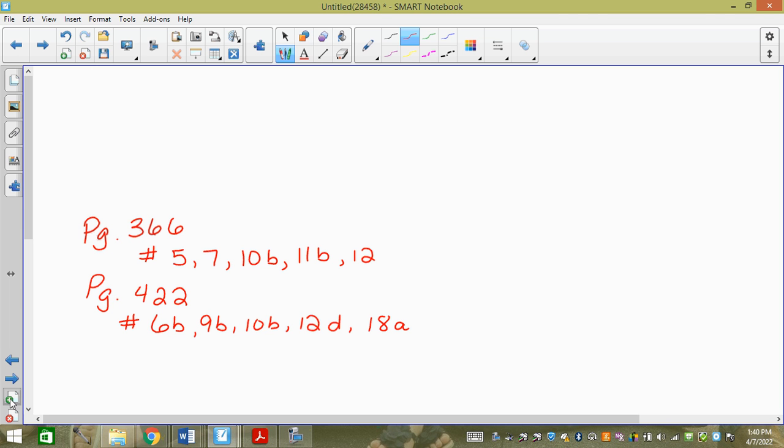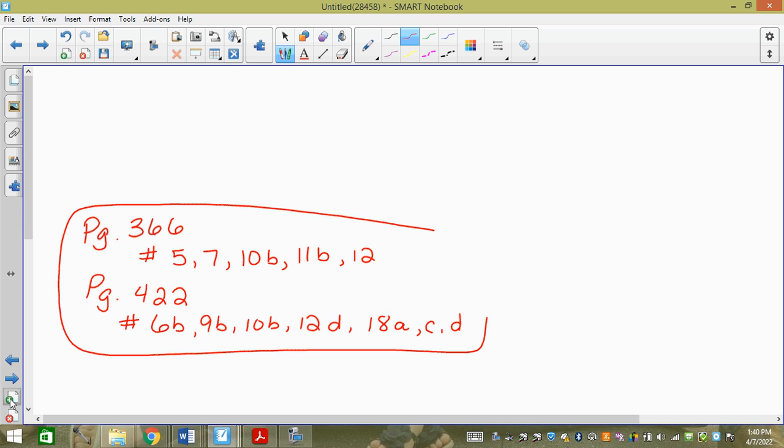Use a log base 10 on both sides. C and D.